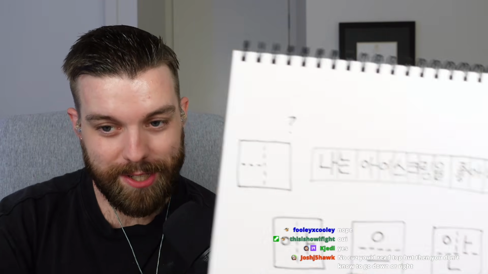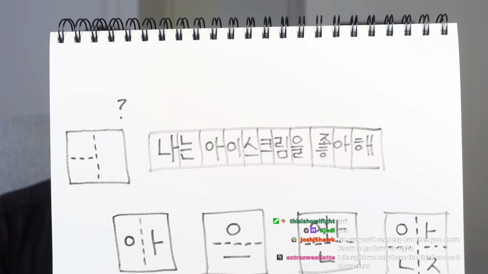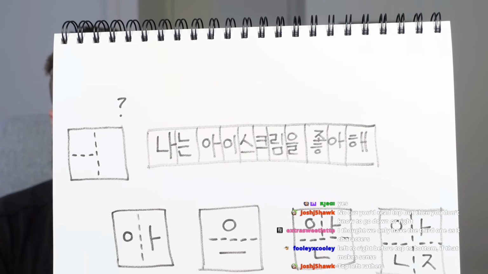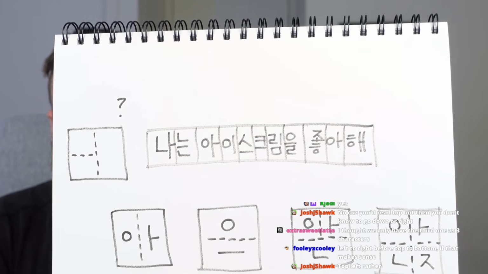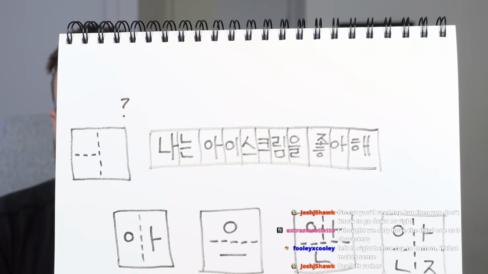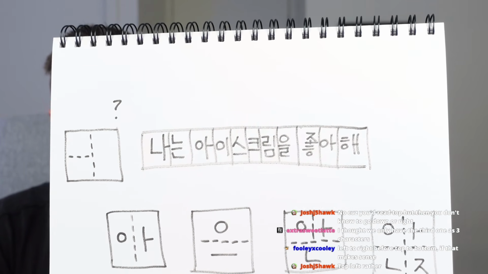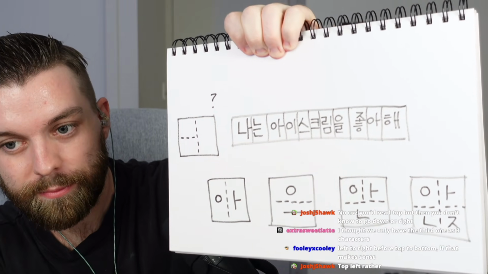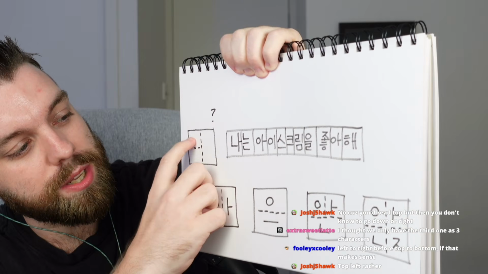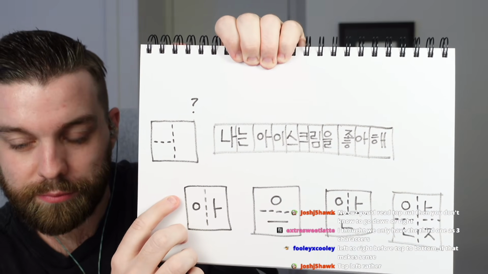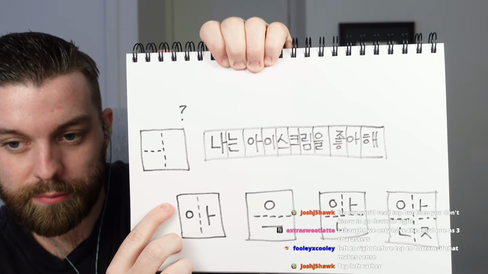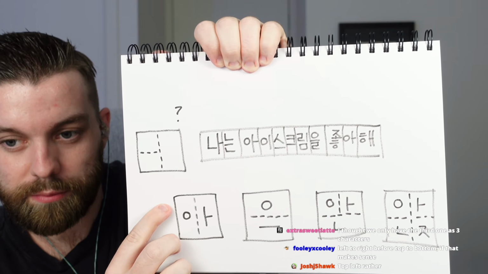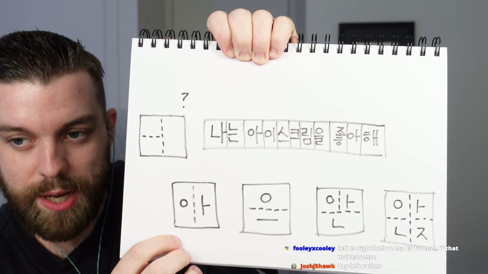Josh got it. Exactly. Because Korean is left to right, top to bottom. You always start up here and move down. Or if there's nothing up here to the side, you just go straight down. Does that make sense?